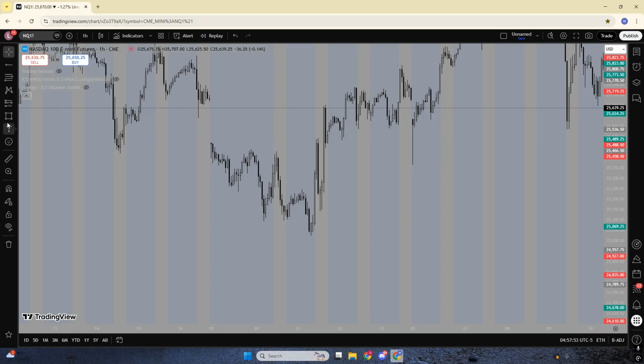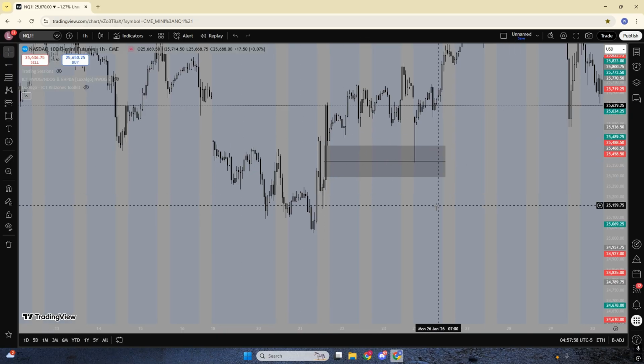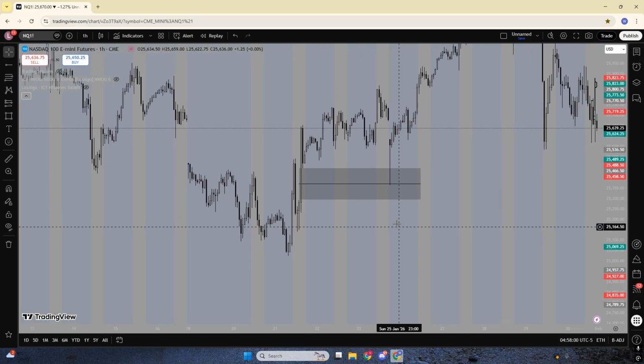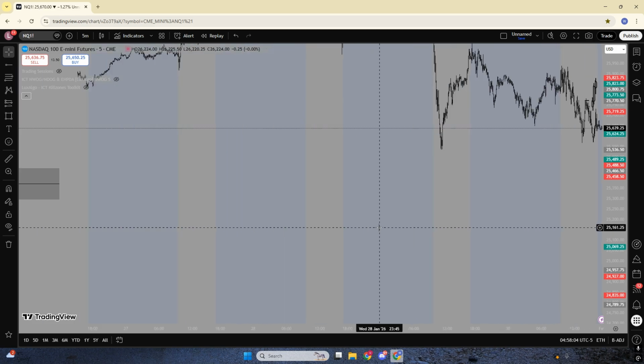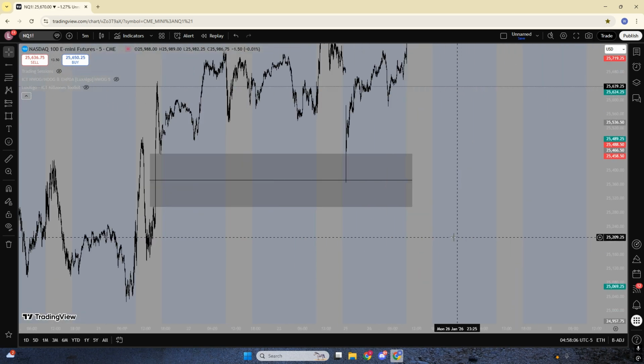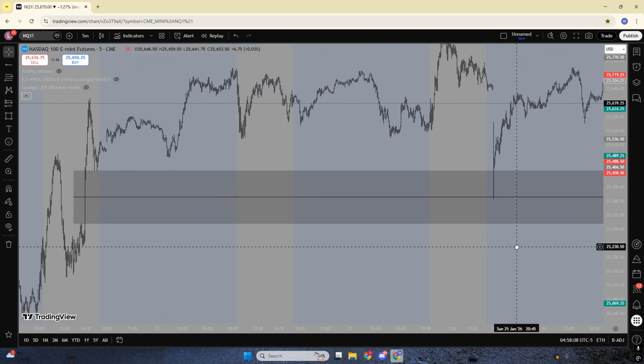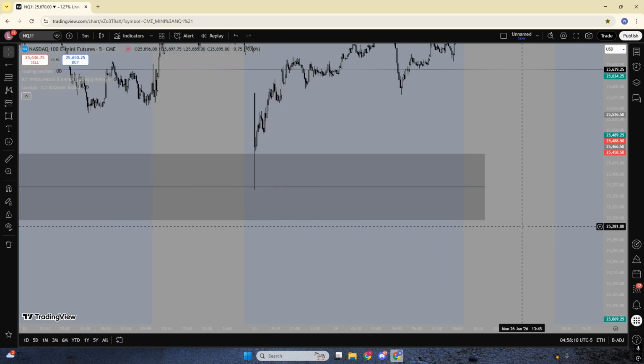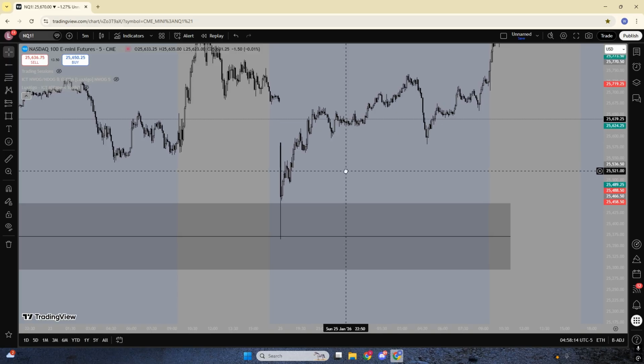This is another picture perfect example. Boom. Fair value gap marked out. It taps into the, let's go down to the small time frame. Taps into the fair value gap, and then gives a reaction.